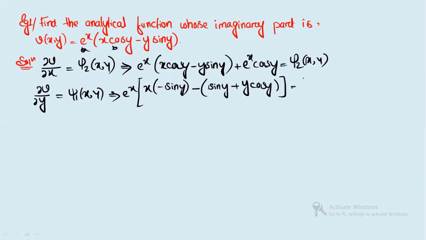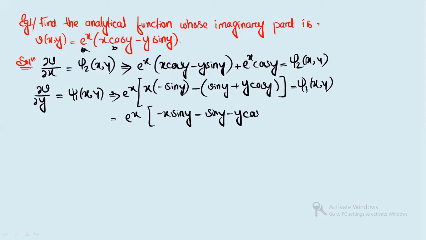So this is equal to psi 1(x, y). So finally what you will write here? This is e to the power x, minus x sin y, right? Minus sin y minus y cos y. It is equal to psi 1(x, y).